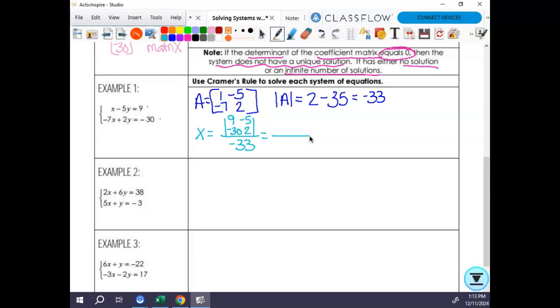All right, so I'm going to leave negative 33 down here. Then I'm going to do 9 times 2, which is 18, minus 30 times 5, which is a positive 150.